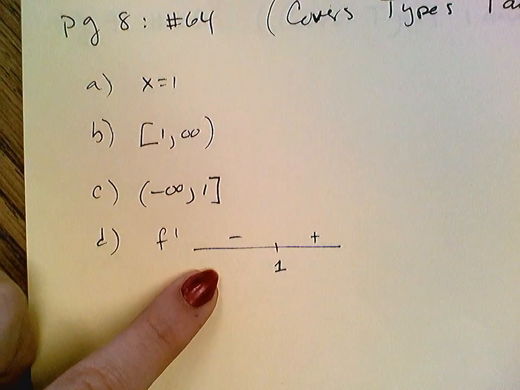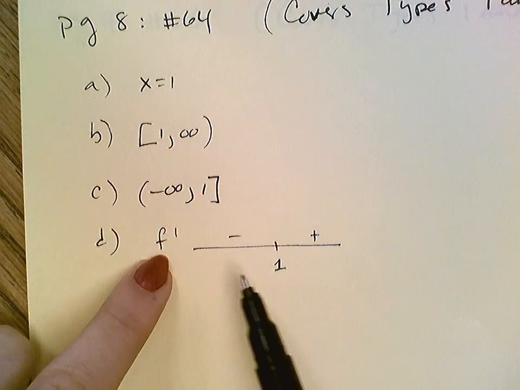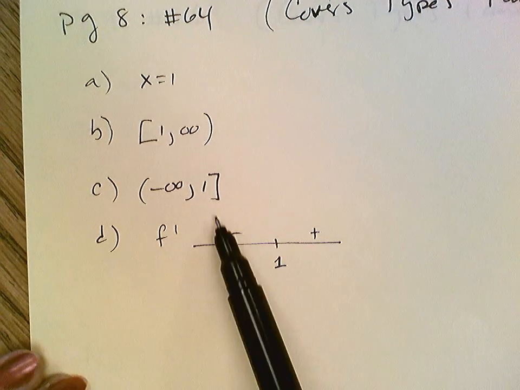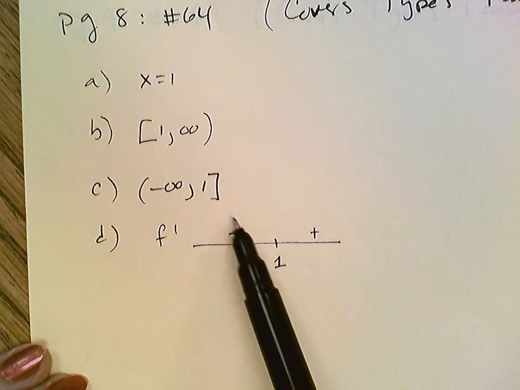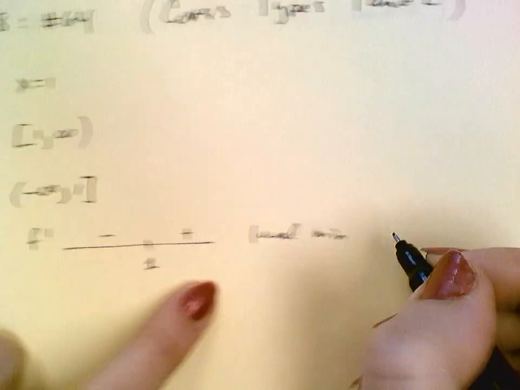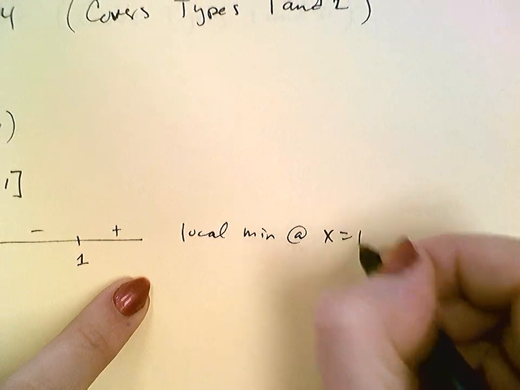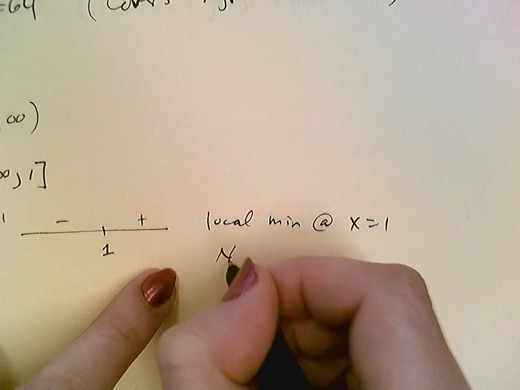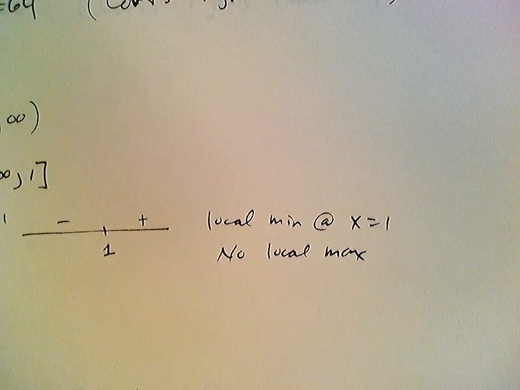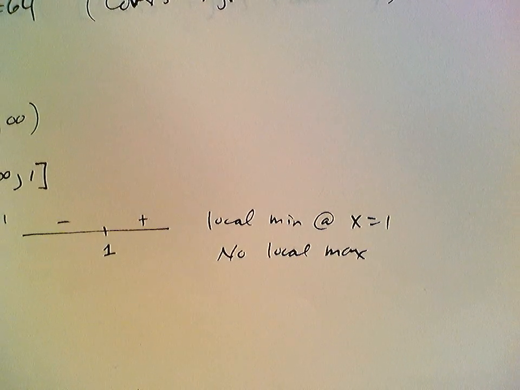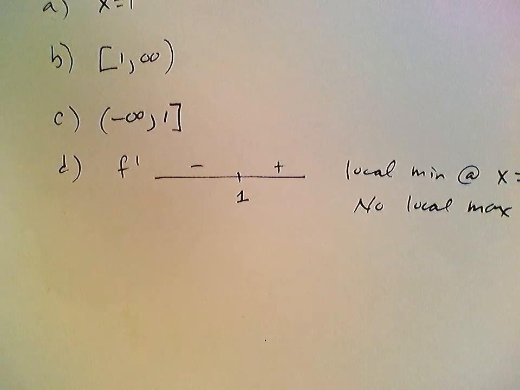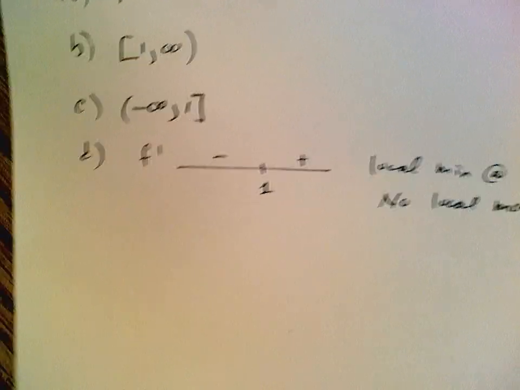Negative to the left, positive to the right. So if f prime changes from negative to positive, the original f changes from decreasing to increasing. So we've got a local min at x equals 1, no local maxes, because we would need f prime to change from positive to negative. Okay, so that's for D and E.